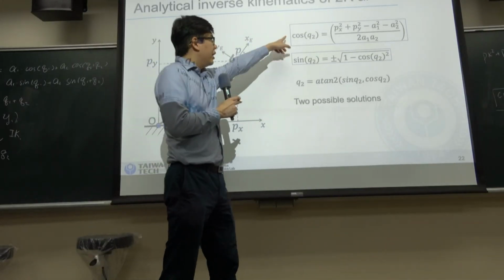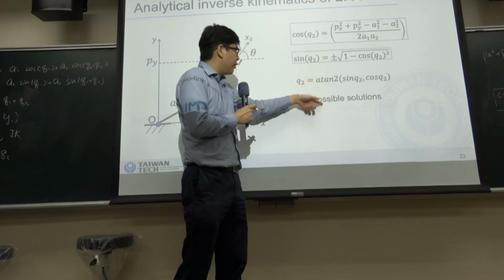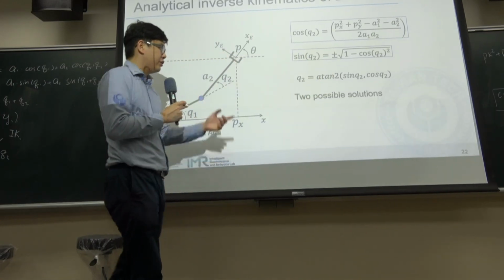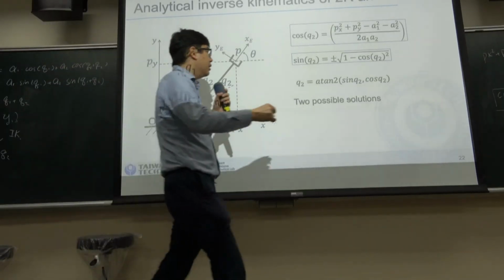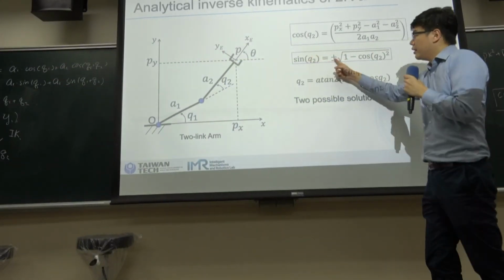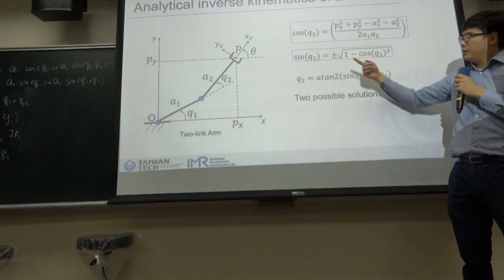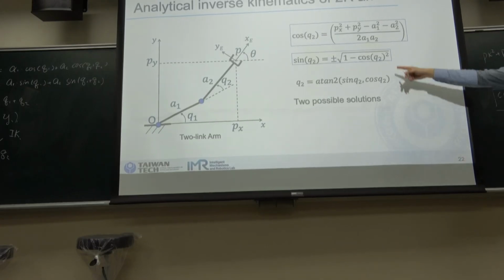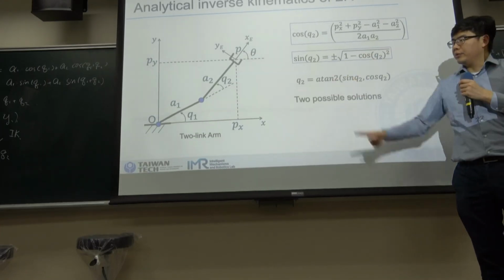And usually we have the cosine and we transfer it to the sine and we use arctangent to get the q2. So we know that the sine of q2 will have plus and minus. So there will be two solutions for the q2.